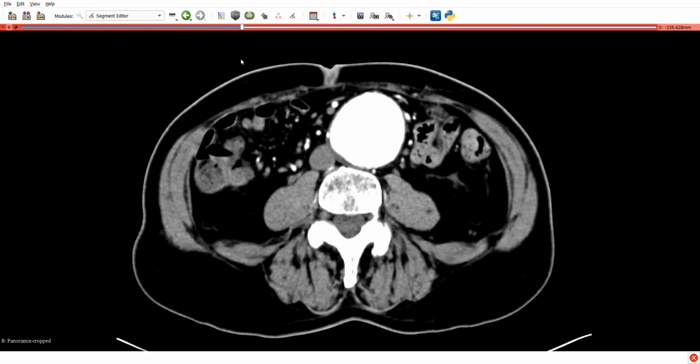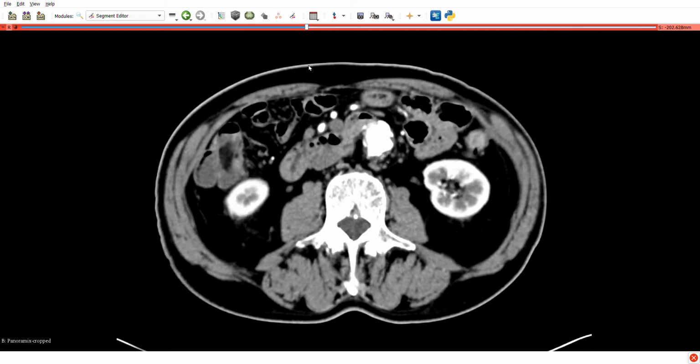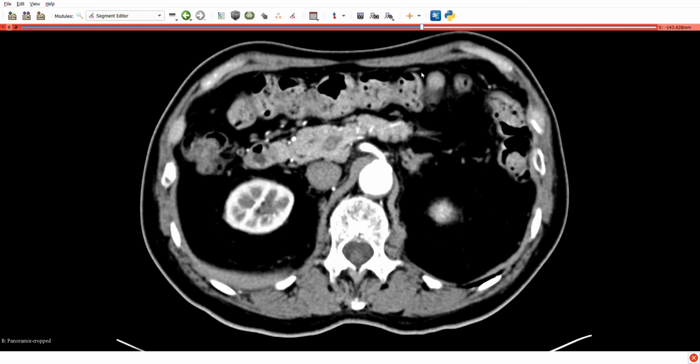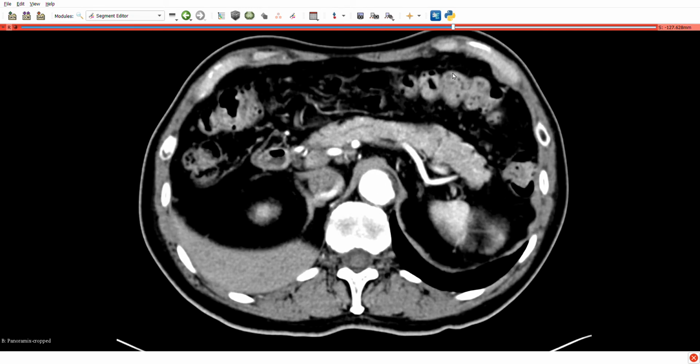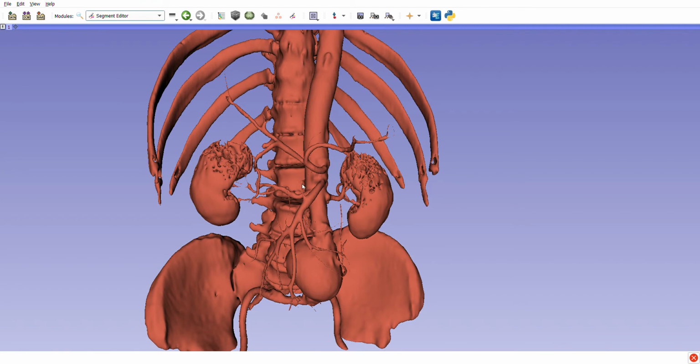Now what we can do is we can actually segment out these structures filled with contrast and get a 3D view of them. So let me show you what a 3D view looks like. If I just go on to the 3D view here, we can see a segmentation that I made earlier showing the major branches coming off of the abdominal aorta.